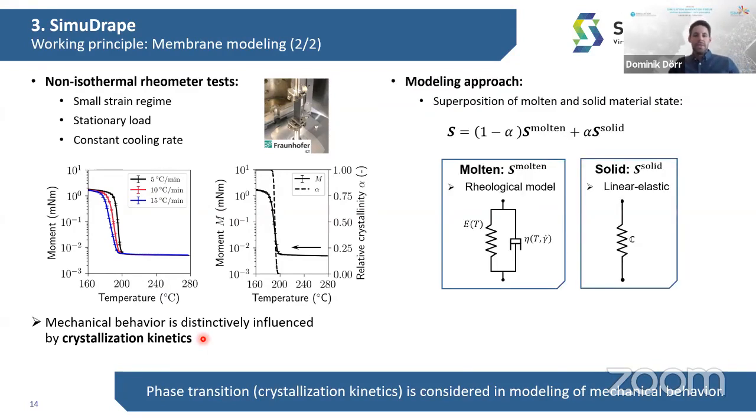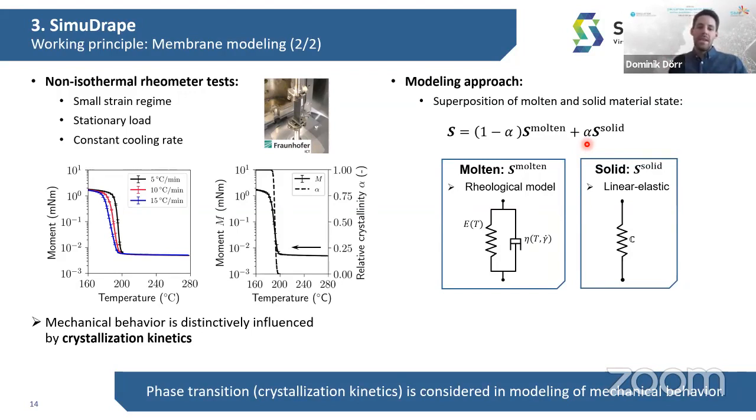And to include this into our modeling approach, we are evaluating the total stress, which is basically the forming behavior, the forming resistance itself. We are evaluating this for the molded material state as well as for the solid material state. And this is superpositioned through the state variable alpha, which again is the relative crystallinity, which enables us to couple the mechanical response to the crystallization kinetics.